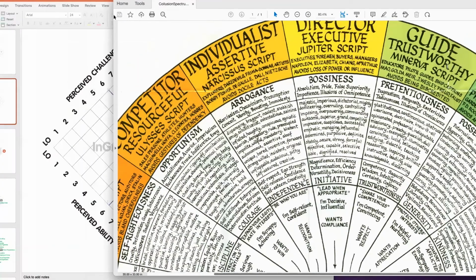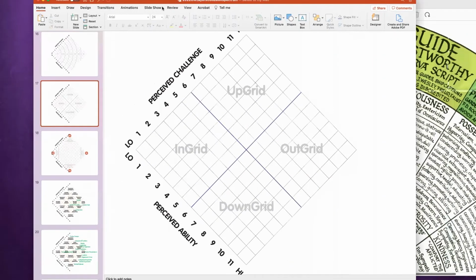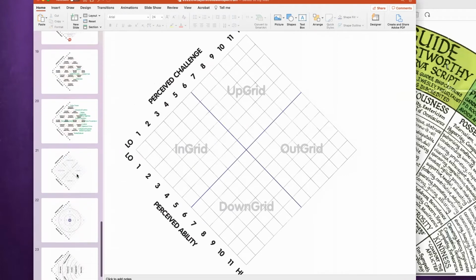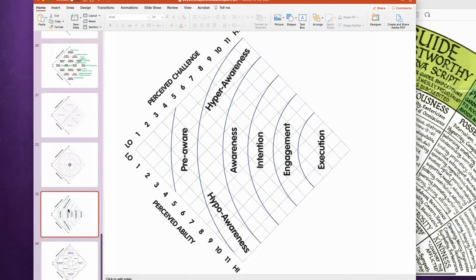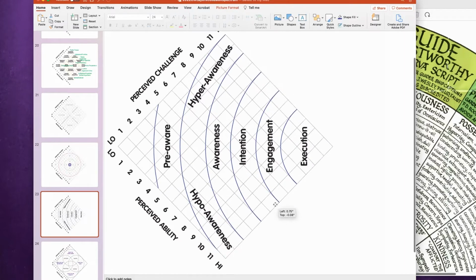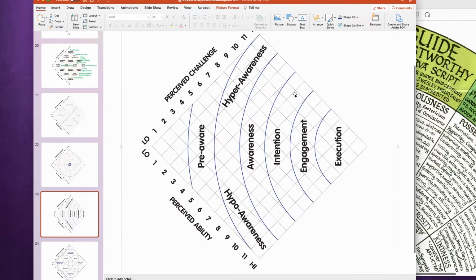Yeah, and let's see what layer would show this most effectively. I might say that this whole idea about ploys, you have to have a certain level of awareness. So it may very well be that this circle has to overlay somewhere. I know I'm scooting everything around, doesn't matter.